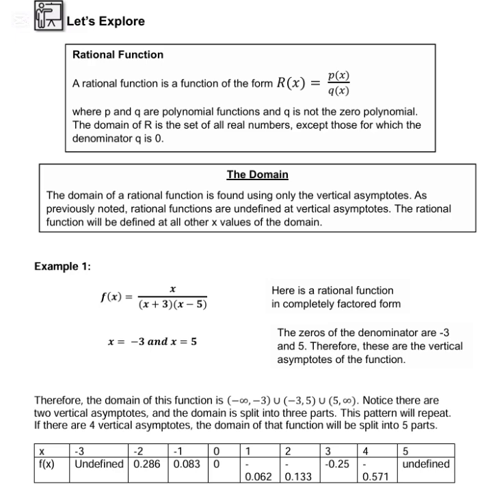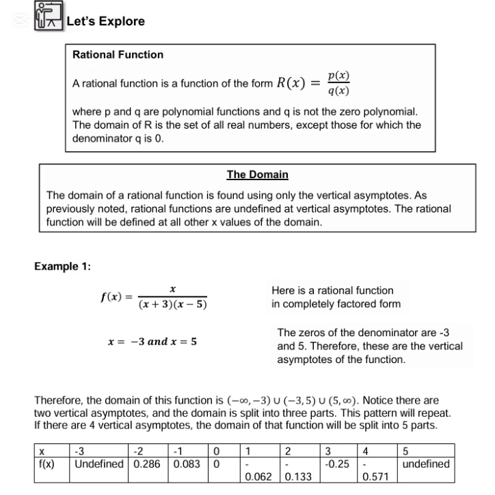So let's first touch on the domain. The domain of a rational function is found using only the vertical asymptotes. As previously noted, rational functions are undefined at vertical asymptotes. The rational function will be defined at all other x values of the domain.